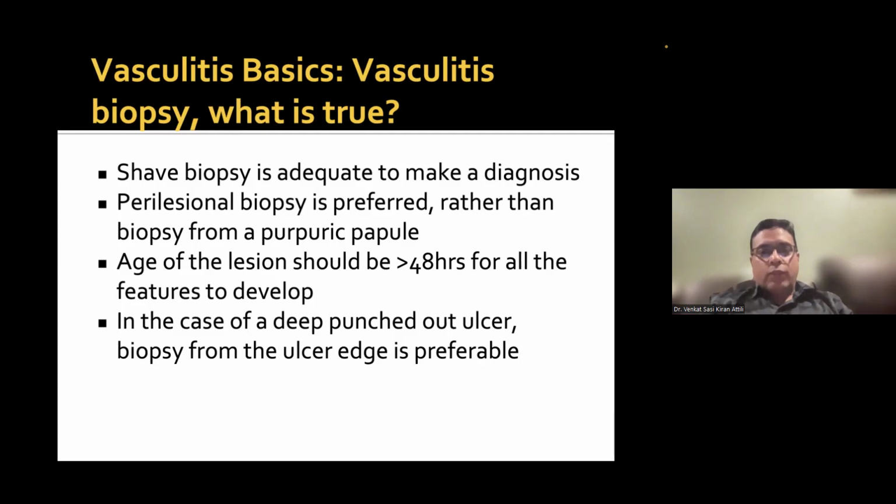Shave biopsy is adequate to make a diagnosis in this case. A perilesional biopsy is preferred rather than biopsy from a purpuric papule. The age of the lesion should be more than 48 hours for all the features to develop. So if you're taking a biopsy, take a biopsy from a lesion that is more than 48 hours. Or, in the case of a deep punched out ulcer, which is not present here, but if it is present, in the case of leukocytoclastic vasculitis, a biopsy from the ulcer edge is preferable.